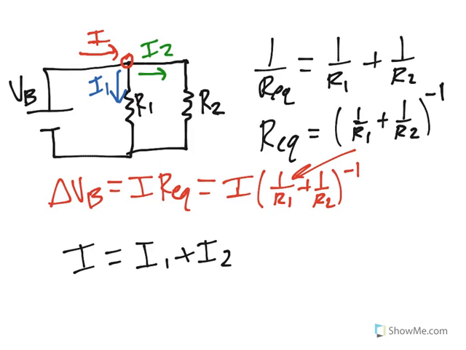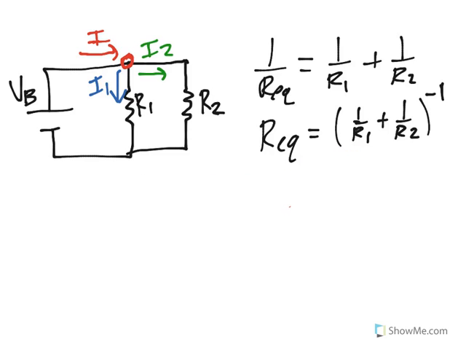Basically what goes in to this area right here has to come out. So these I1 and I2 added together must equal the total current. Now the question becomes, how do I solve for those two currents? It's actually very simple if we know one thing.